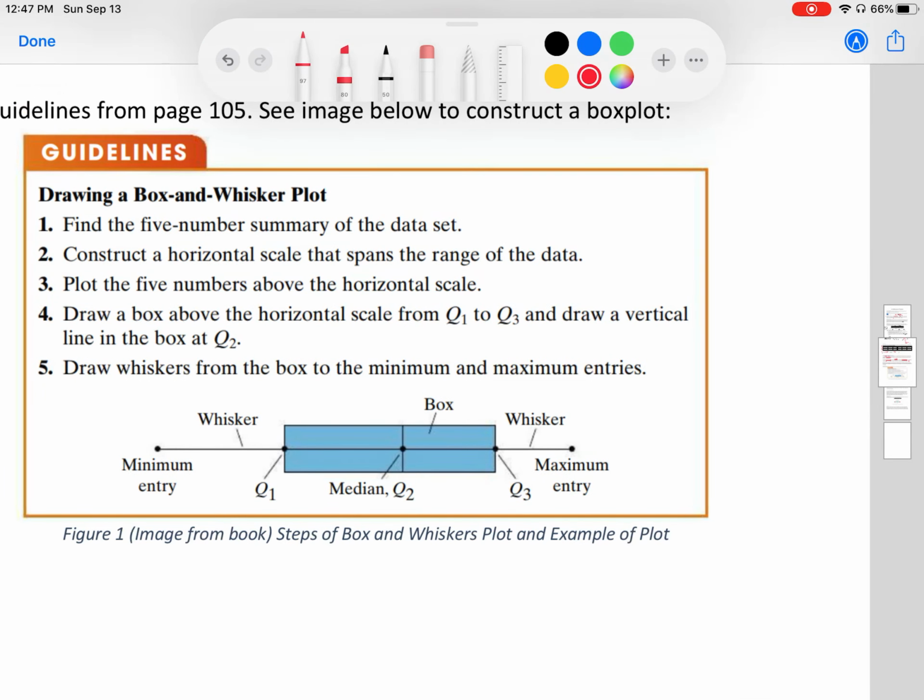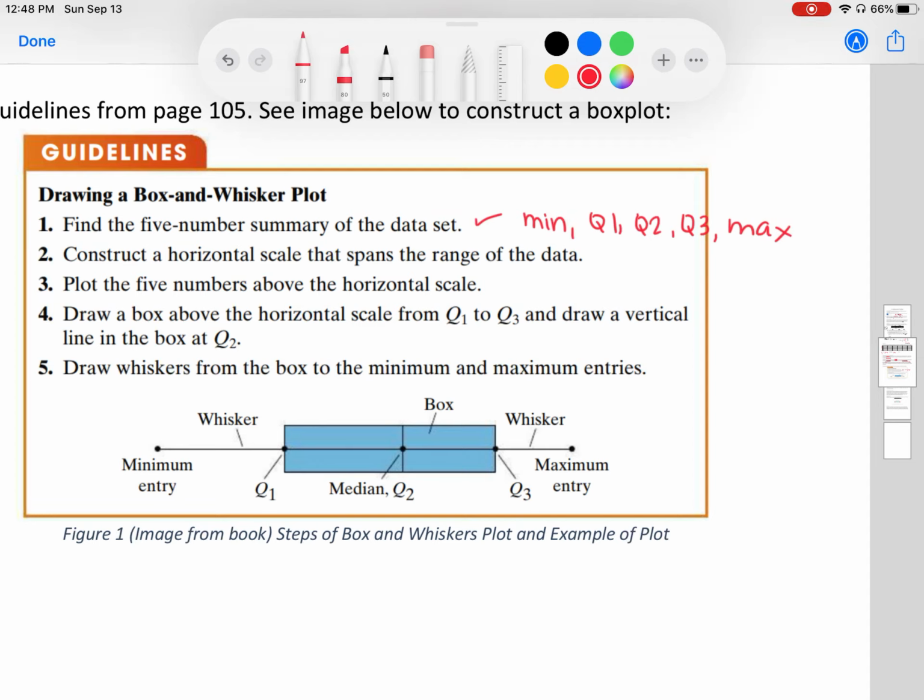You want to find your 5-number summary, which is made up of your minimum, Q1, Q2, and Q3, along with your maximum. So it's just your lowest and your highest number, min and max. And then we're going to create a horizontal number line where we have all the numbers that we'll work with.